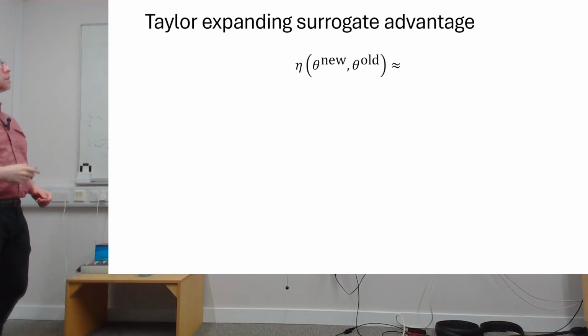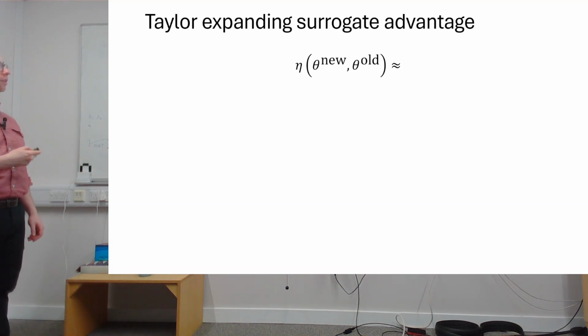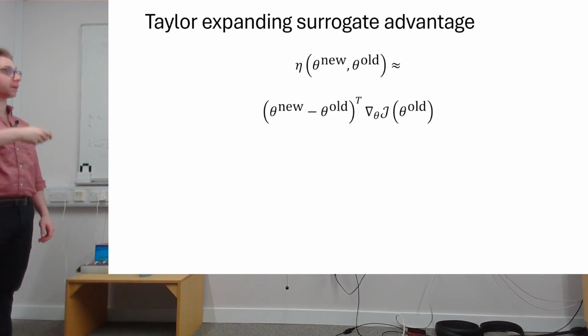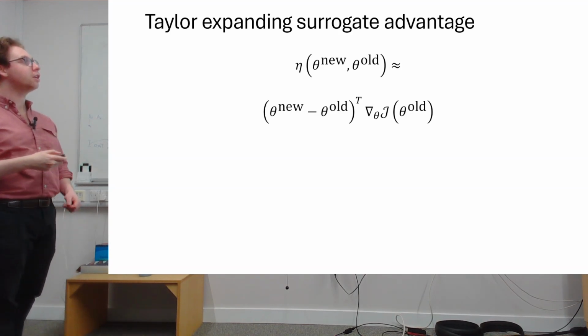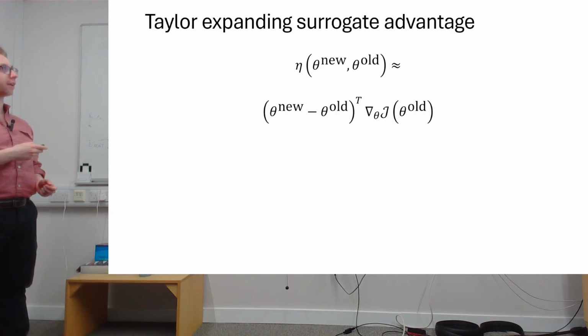All right, so let's go term by term. First, we need to Taylor expand the surrogate advantage. It turns out that to leading order, the surrogate advantage Taylor expanded around theta old is just theta new minus theta old, times grad theta, the policy gradient at theta old.